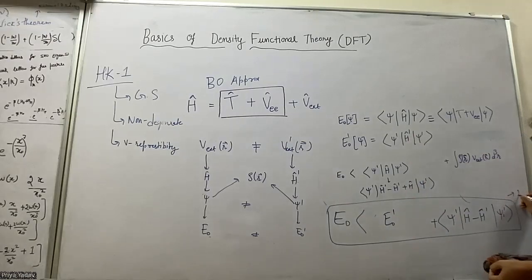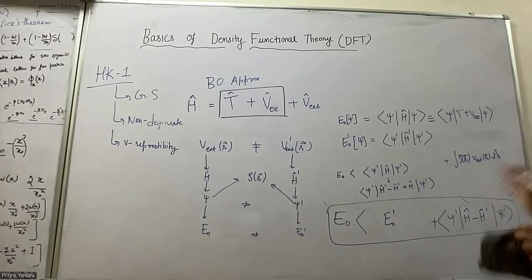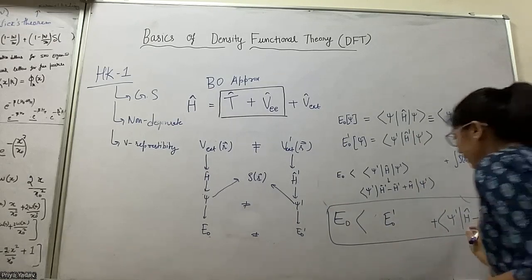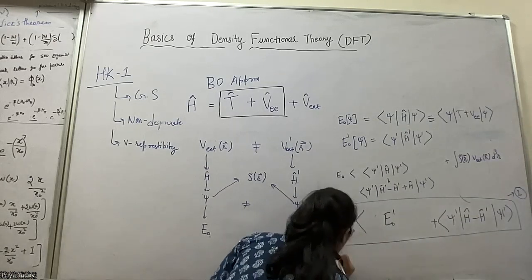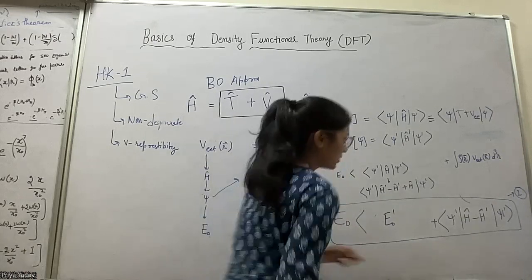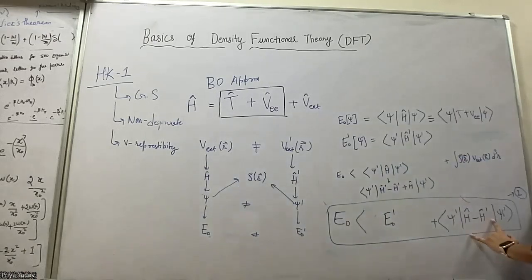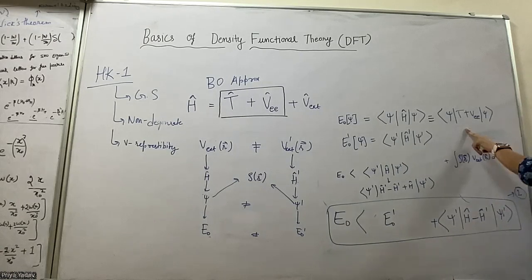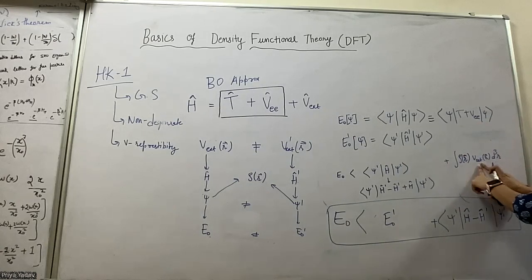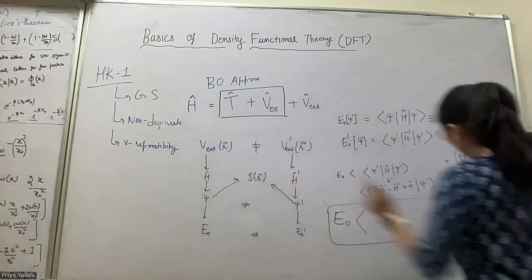And similarly, just like the way we did it here, I can write this part as E0. If you see, for H and H prime, this part will be the same, so it will get cancelled out. The only part that differs is V external for H and V external for H prime.